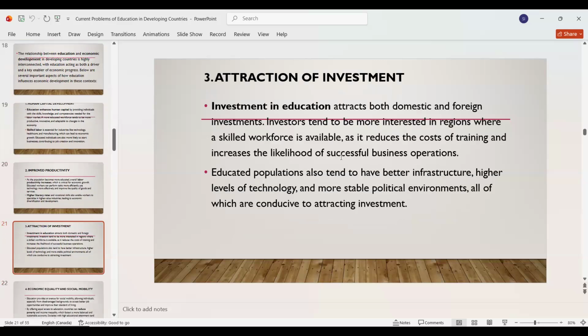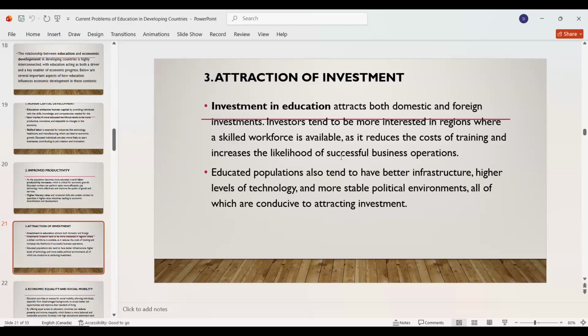And attraction of investment. So why are we doing this? Even the banks are coming to the schools and starting savings accounts for small children.